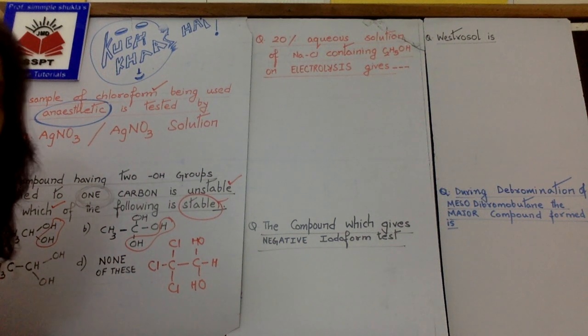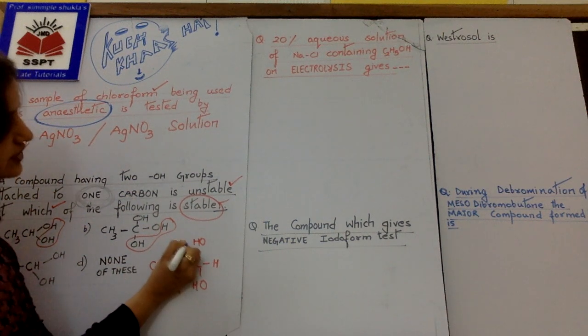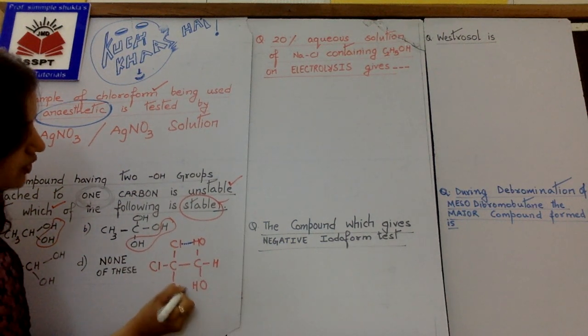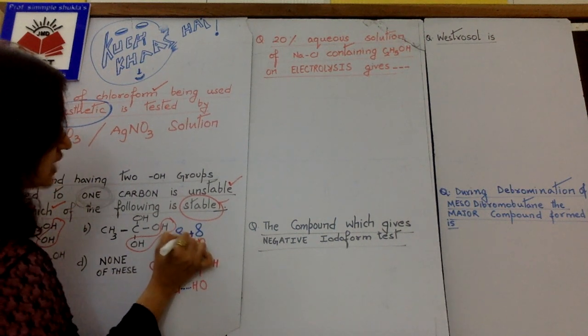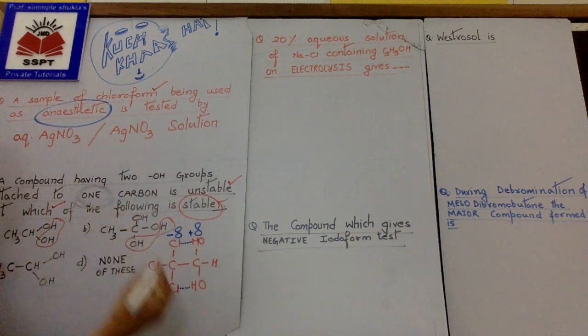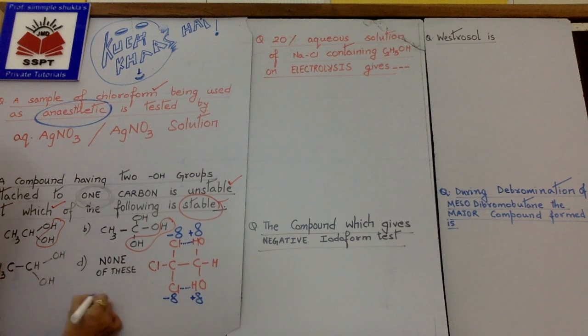Now what happens over here, children, is an intramolecular hydrogen bond is formed. The electropositive hydrogen attracts the electronegative chlorine, and an intramolecular hydrogen bond is formed.